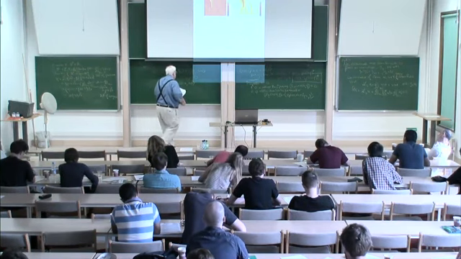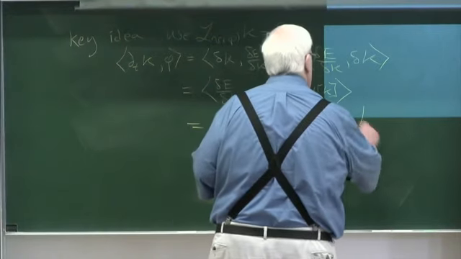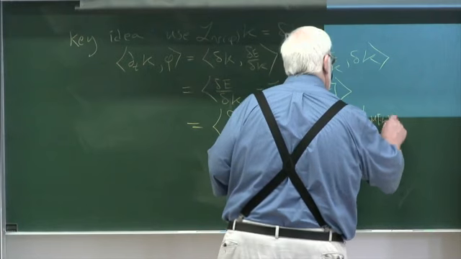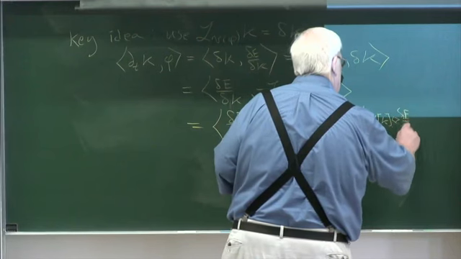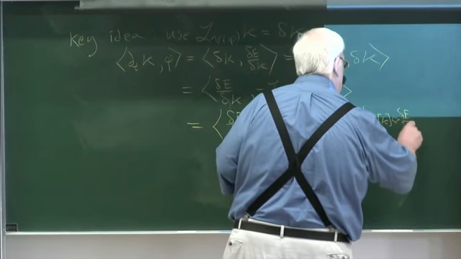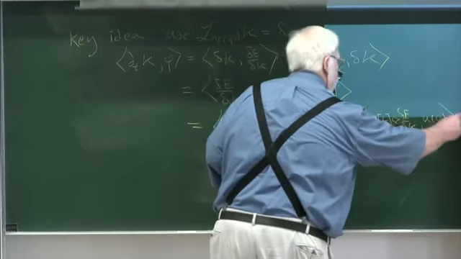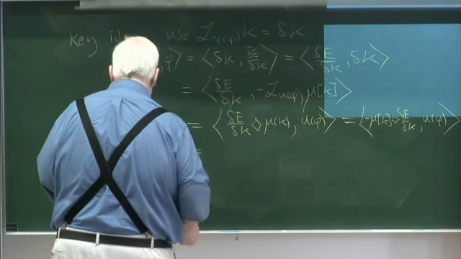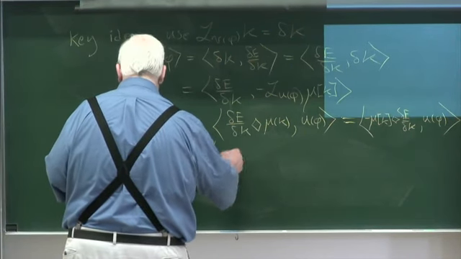So first we use antisymmetry. So this is mu of kappa diamond d kappa with the minus sign paired with u of phi. And that's equal to this guy.